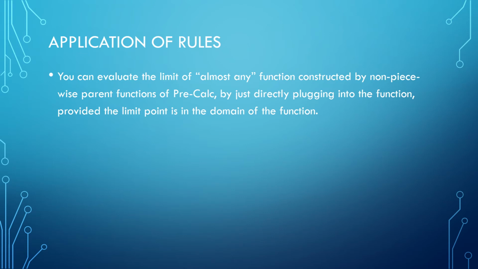Because we can perform the arithmetic, you can construct almost any non-piecewise parent function from pre-calc just by using arithmetic, and then you can calculate the limit just by plugging into the function, as long as the limit point is inside the domain of the function.